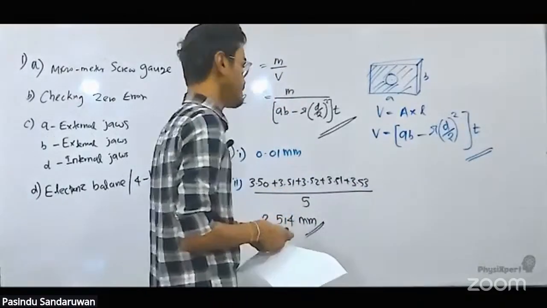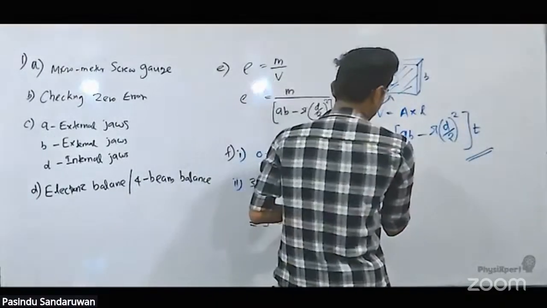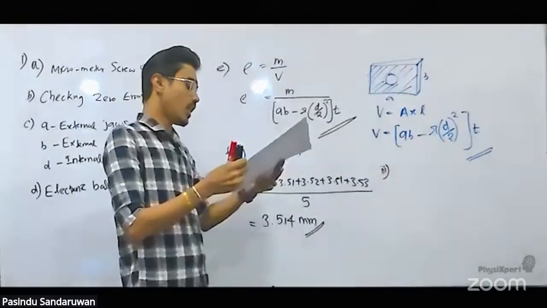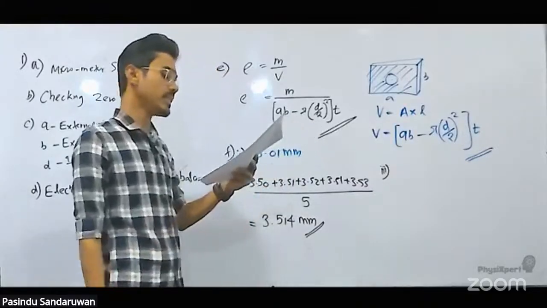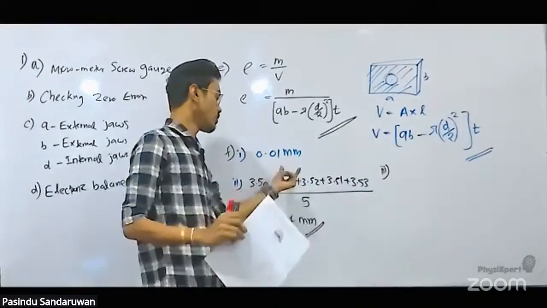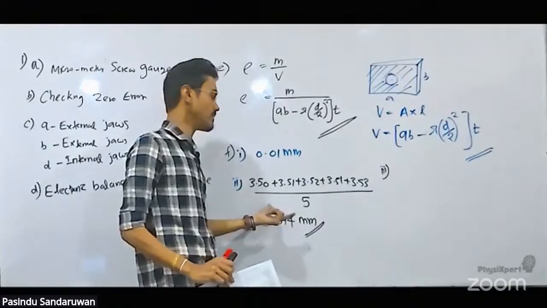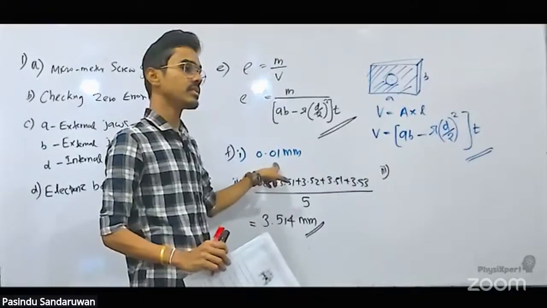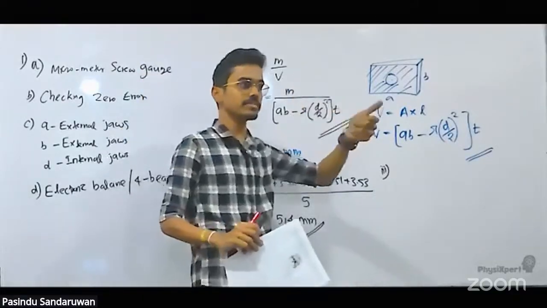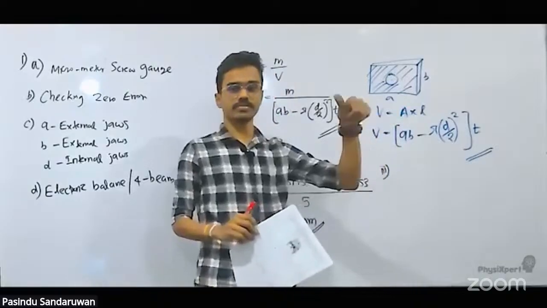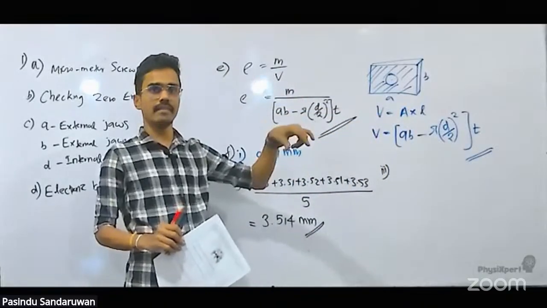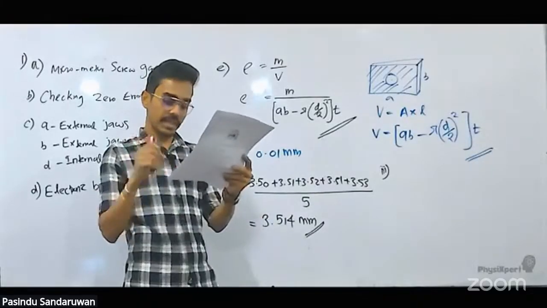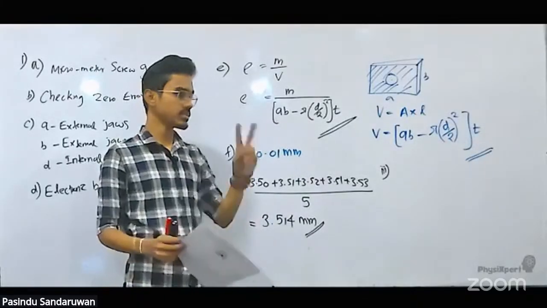Part 3. How many decimal places can be included in your answer? That's the question. When you consider the mean value, you got 3 decimals. But we know the least count is only 0.01, containing 2 decimals. Then all the readings taken from this instrument should have only 2 decimals. So, explain the reason for your answer. How many decimal places? Only 2.